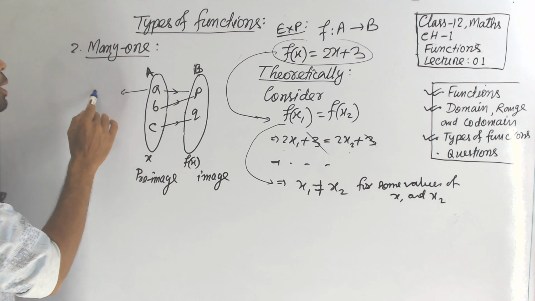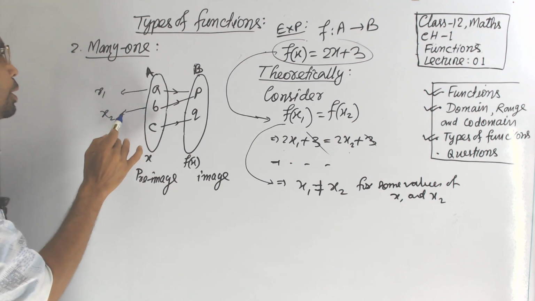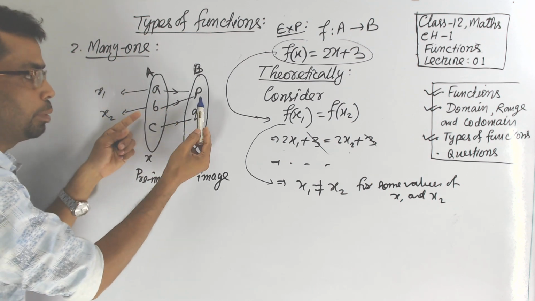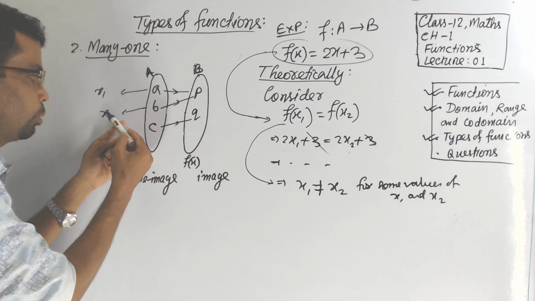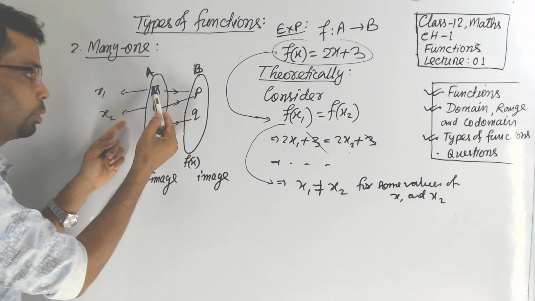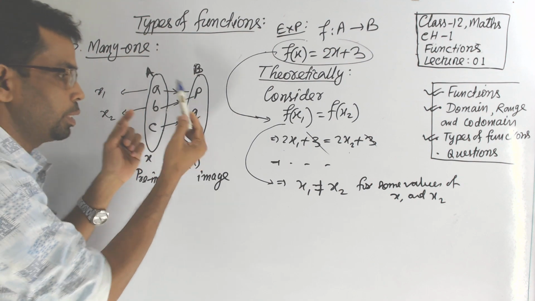So this A is x1 and this B is x2. In this case, two different elements have the same image. x1 is not equal to x2, but their image is the same.